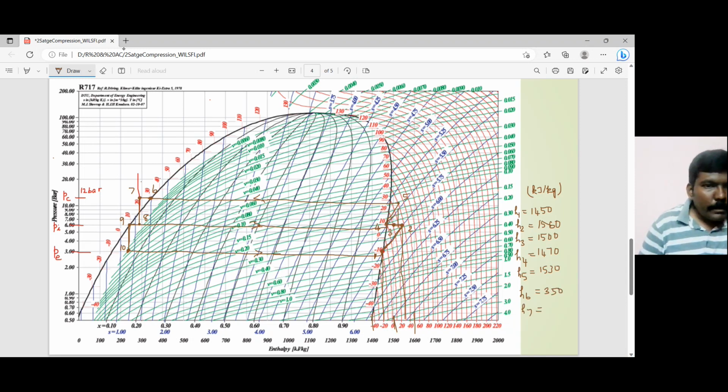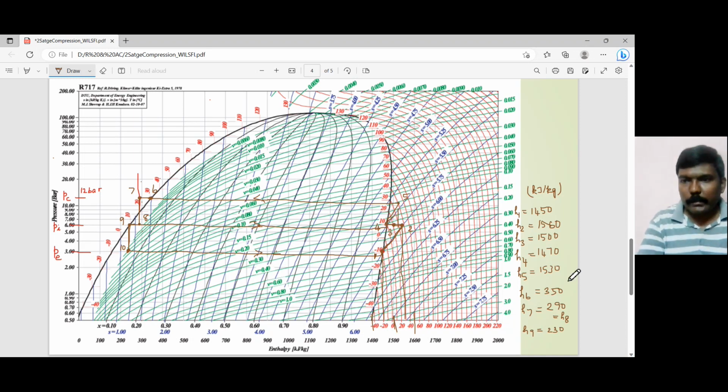H7 is very close to the 300 line, let's say 290. And that is also equal to H8. Let's say H9. H9 is midway between this guy and this guy, and a little bit inclined towards 200, let's say 230. Okay, so these are the values that we have got.